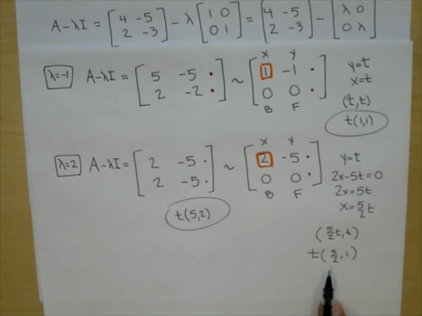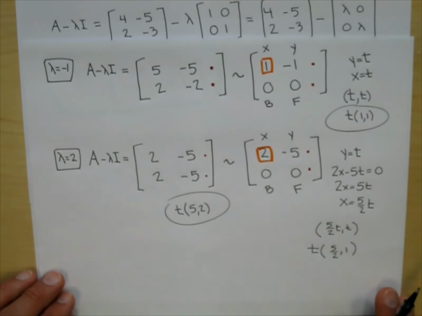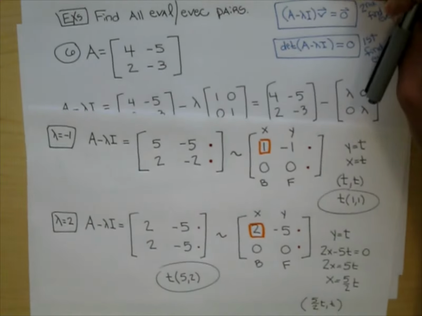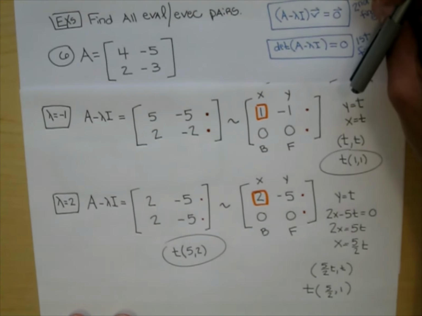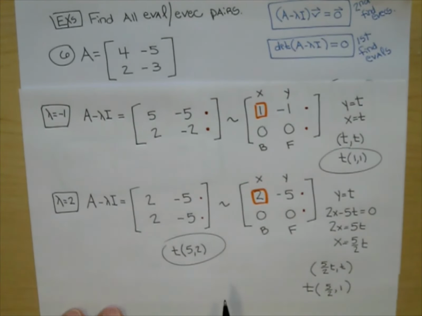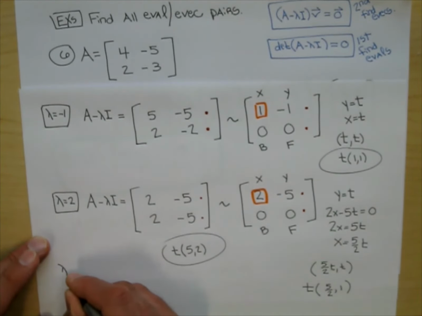So let's write up our final answer here. We have our matrix, which looks like that. They ask us to find all eigenvalue eigenvector pairs of that matrix. Well, here they are. We have lambda equals -1, and its eigenvectors look like this: v equals t times 1, comma 1.